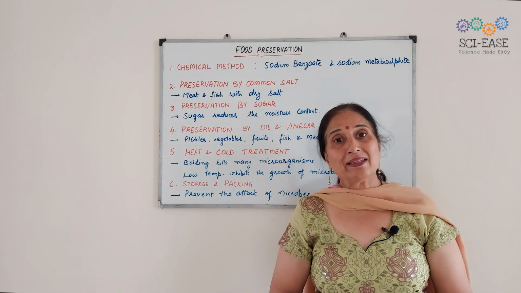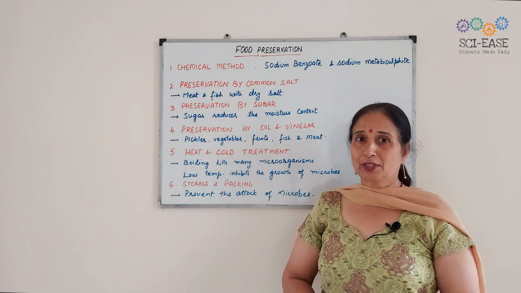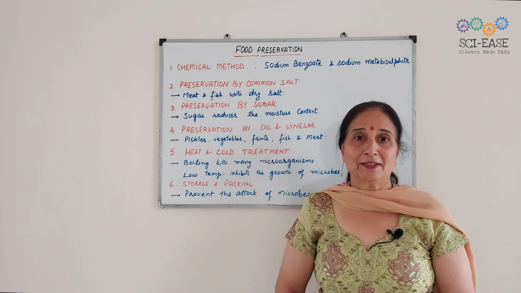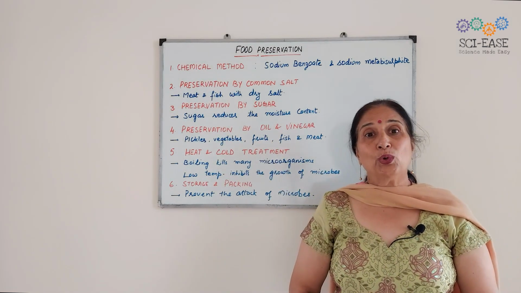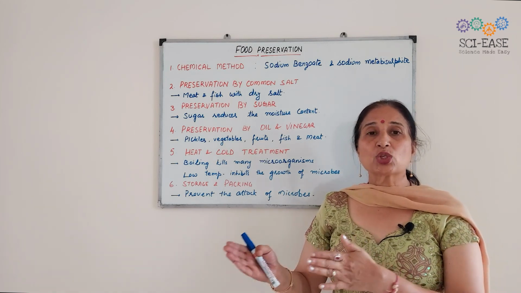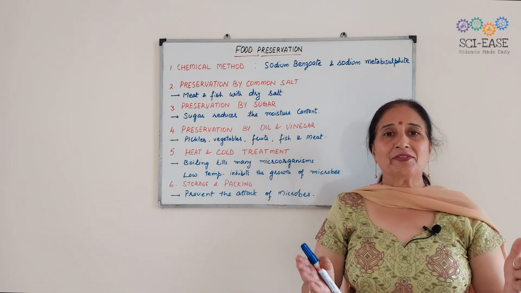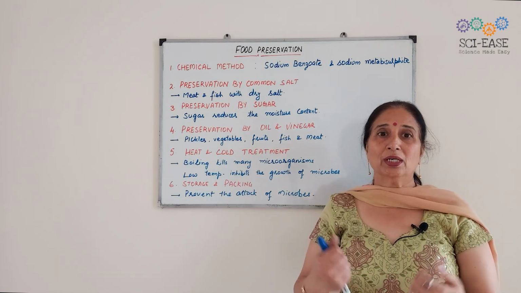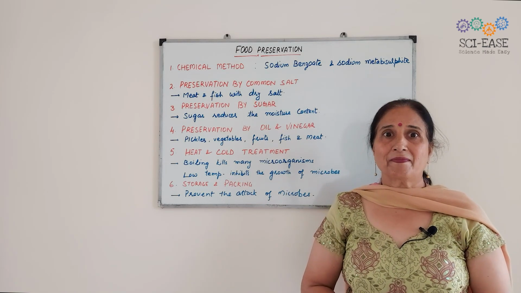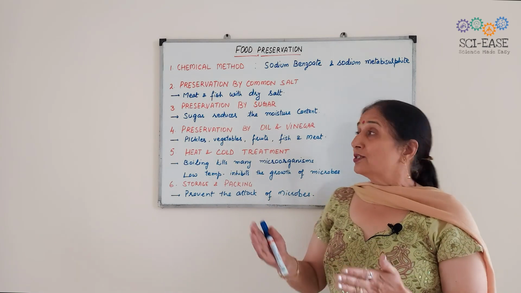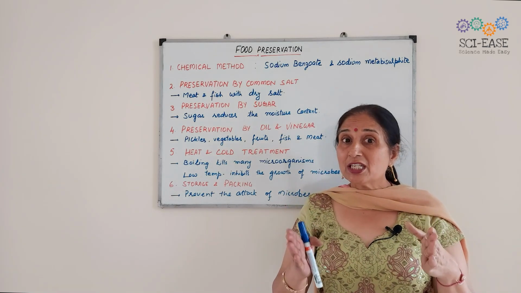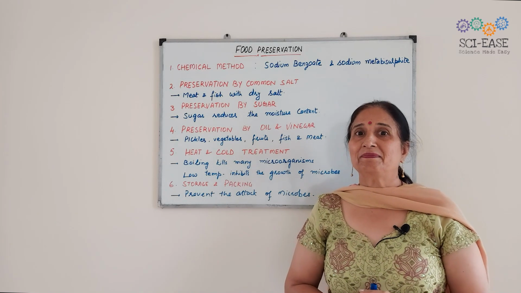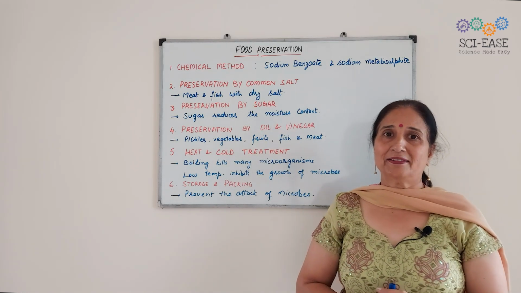There are various methods to preserve food. The first method is the chemical method. You know that jams, jellies, squashes, pickles, etc. can be preserved for years together. You go to the market to buy these things, so there must be some additional substance in them in order to preserve them.